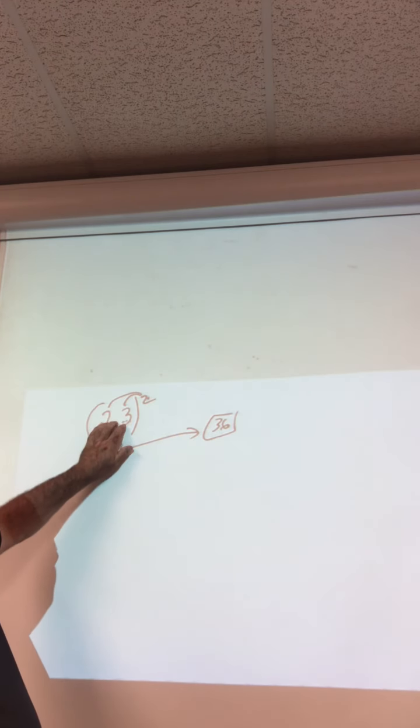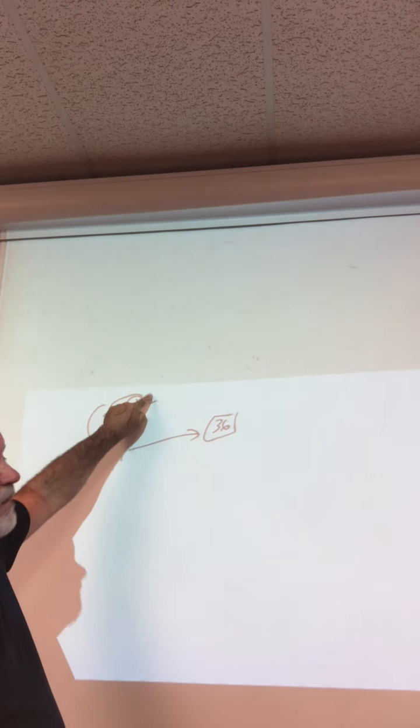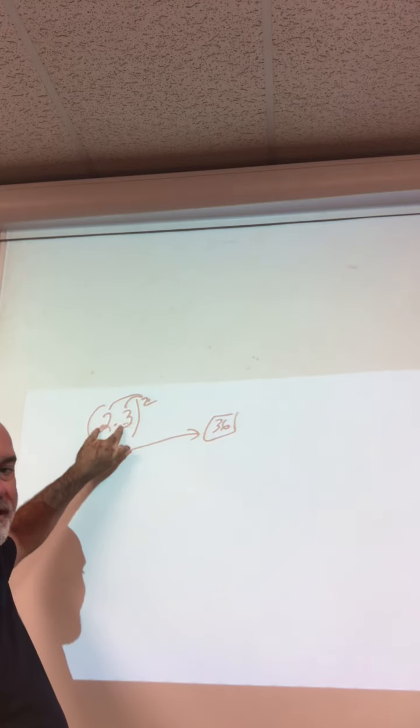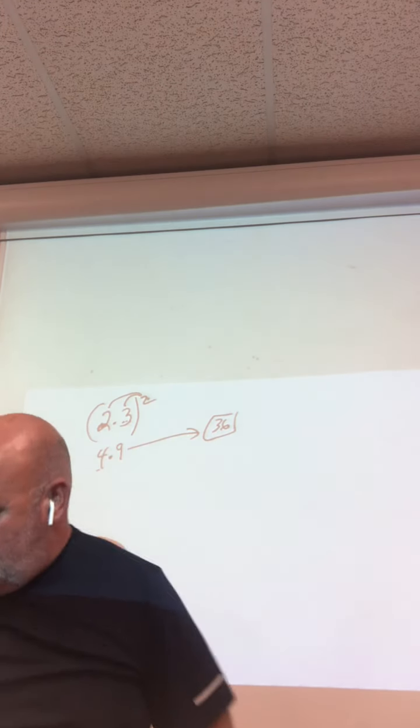Now, watch what happens if I apply the power to each one separately. 2 squared is 4, times 3 squared is 9, and 4 times 9 is 36. Now, let me say again what I said a while ago. If you are multiplying inside of parentheses, and you've got a power out here, you can apply this power to these separately.